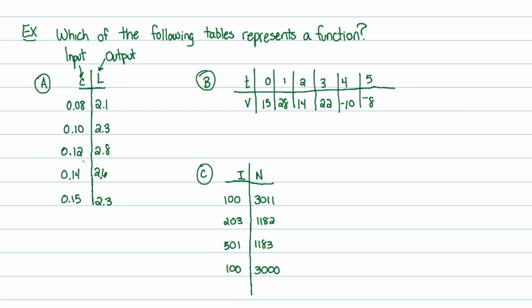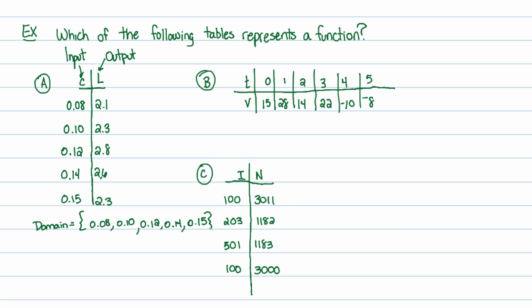So I see, speaking in terms of domains and ranges, just if this table represented all the possible values, I know the domain, although this is not part of my question, the domain here would be the set 0.08, 0.10, 0.12, 0.14, and 0.15.